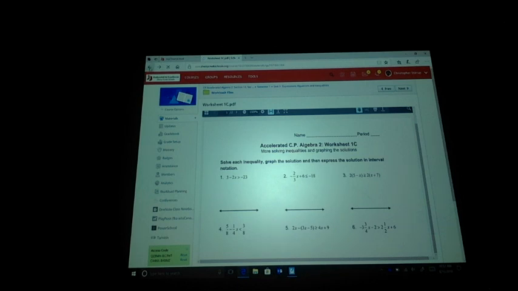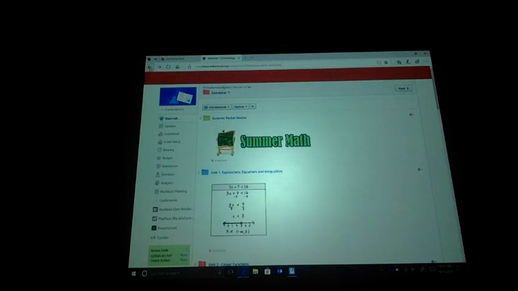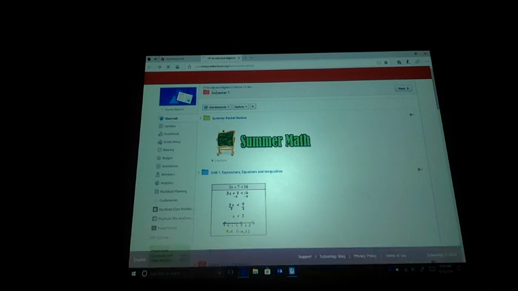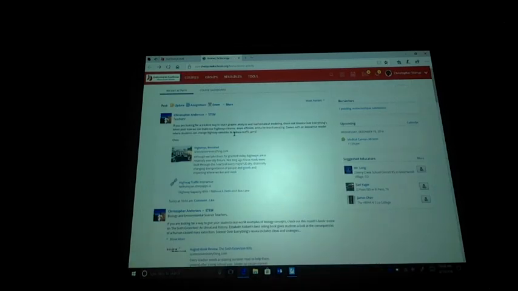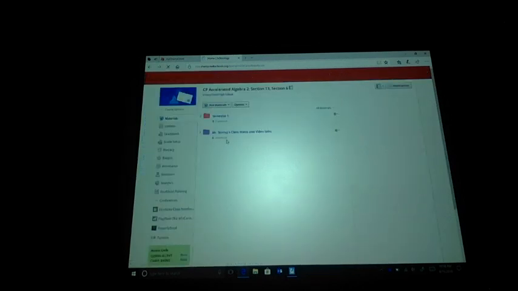So if I back out of that real quick, I need to go into the semester 1 folder. Go into the semester 1 folder, it's the red folder under the courses. You'll find it there.